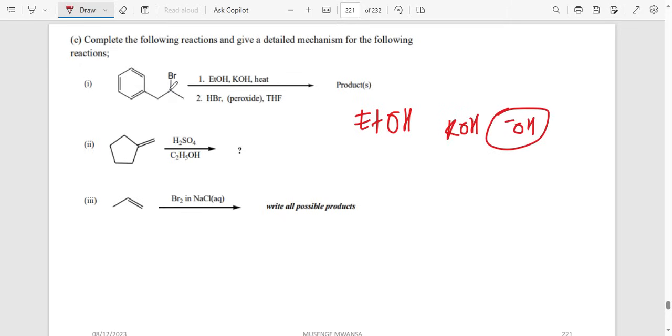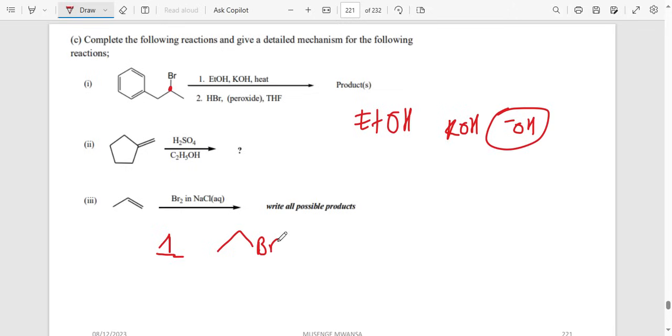So look at the alkyl bromide that you have. Let me just mention this. When you have got a primary alkyl halide with a strong nucleophile. An example of a primary alkyl halide that I can write is something like this.